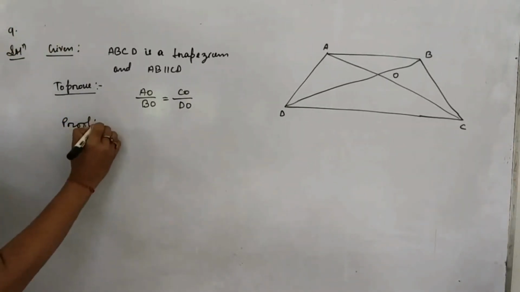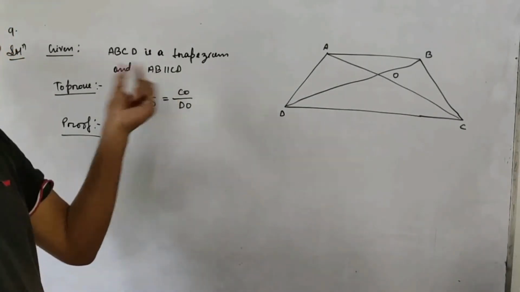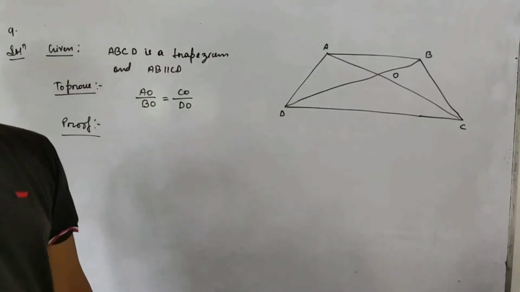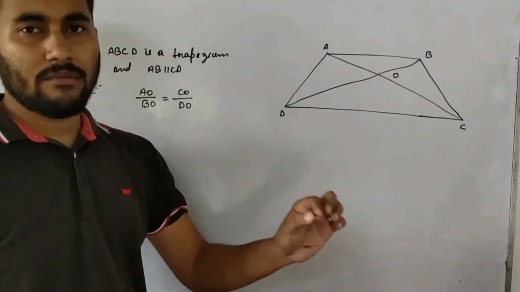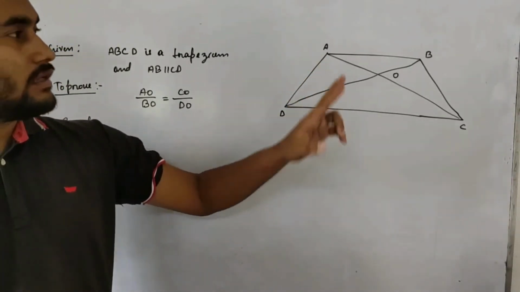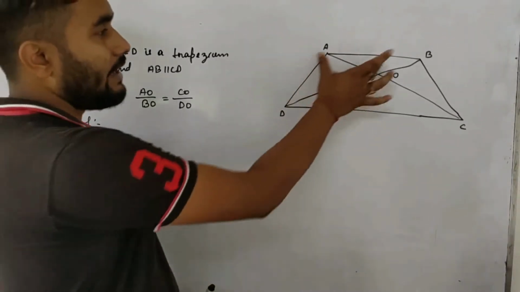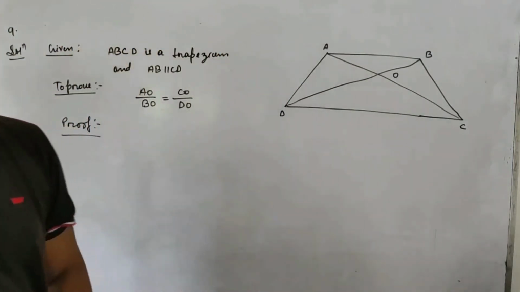So proof. How can we prove this one? Parallel is given. These two are parallel. Can we use basic proportionality theorem or Thales theorem? See, AB is parallel to CD, but are these two parallel lines lying inside any triangle?